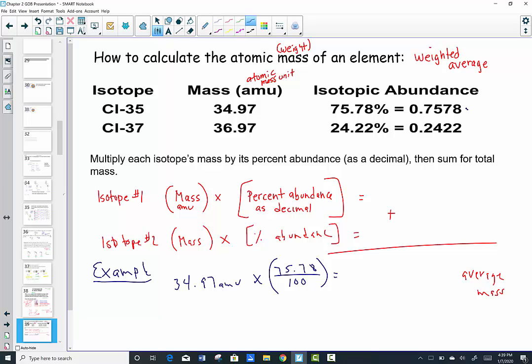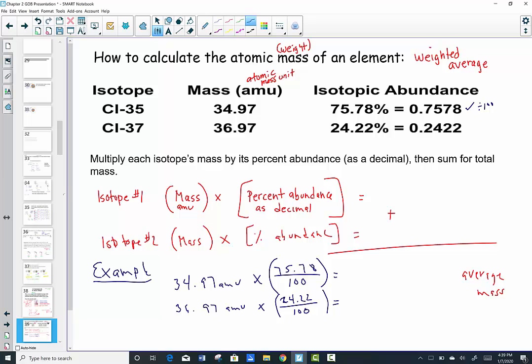That's why I have 0.7578. I divided by 100 to get rid of the percent sign and go back to the decimal form. The second isotope had a mass of 36.97 AMUs. I'm going to multiply it by the percent abundance in decimal form. And just to remind us how we're getting the decimal, I take the percent and divide it by 100 to go from the percent back to the decimal form.